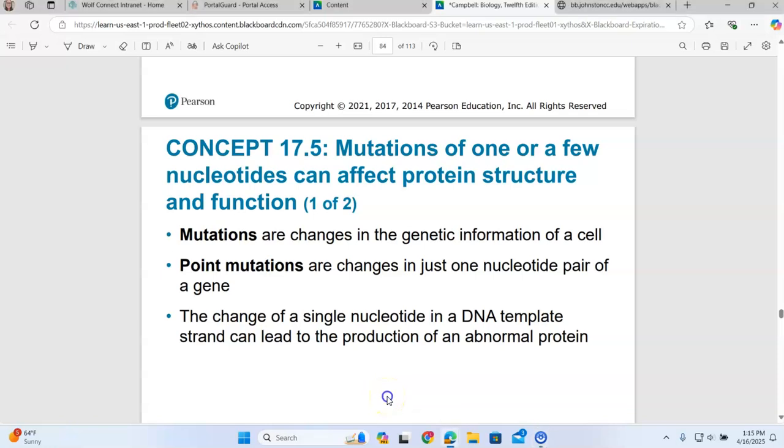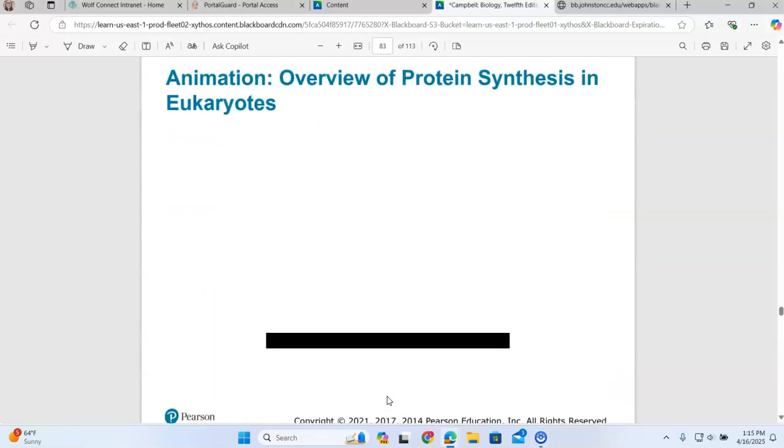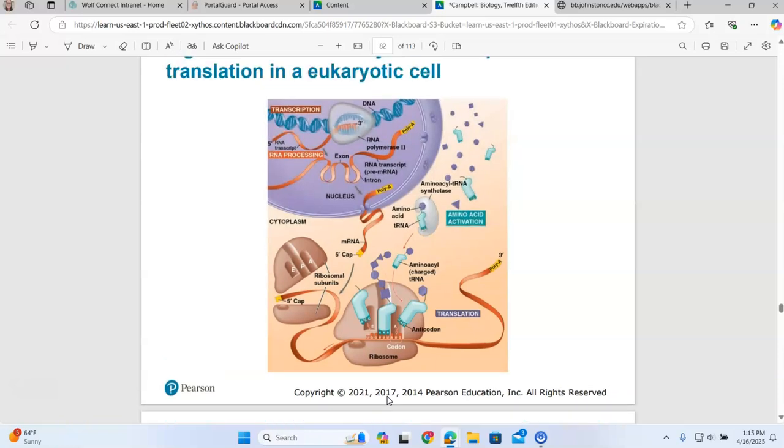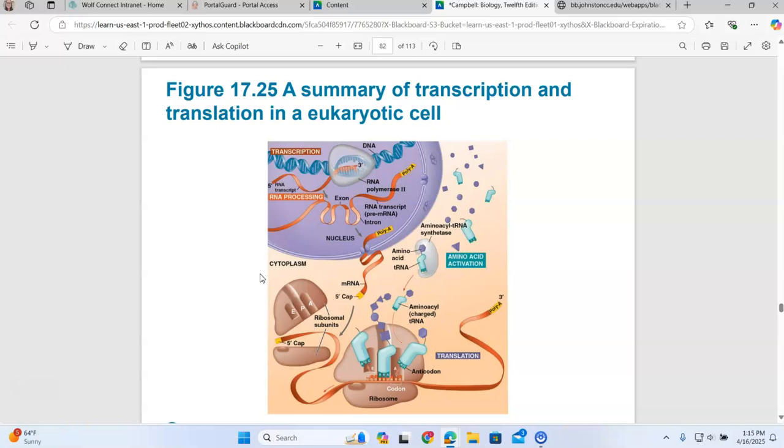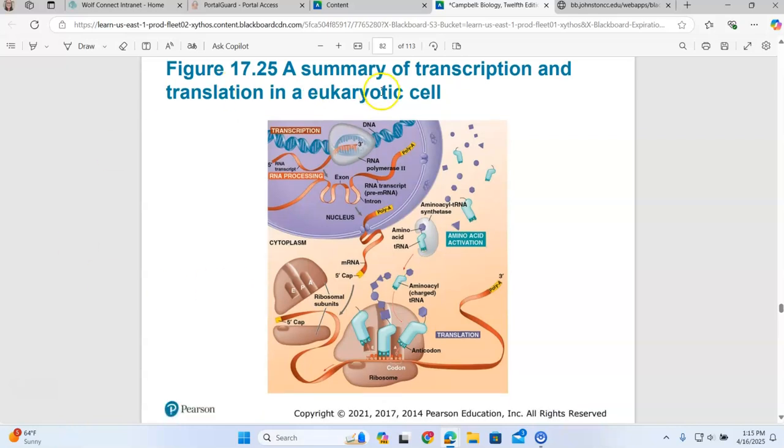Okay, this is the last recording for chapter 17, and I do want to go back and review the whole process. Basically, transcription and translation are the processes where a piece of DNA called a gene that codes for a particular protein or polypeptide, that piece of DNA is called the DNA template.